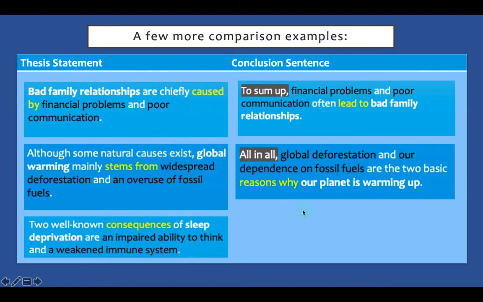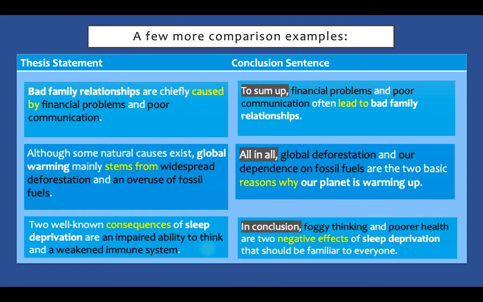And the next one: two well-known consequences of sleep deprivation are an impaired ability to think and a weakened immune system. And for the conclusion sentence: in conclusion, foggy thinking and poorer health are two negative effects of sleep deprivation that should be familiar to everyone. So again, we've changed the wording a little bit.